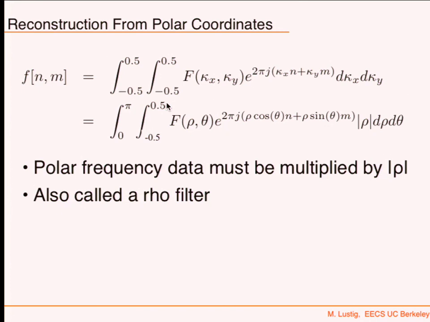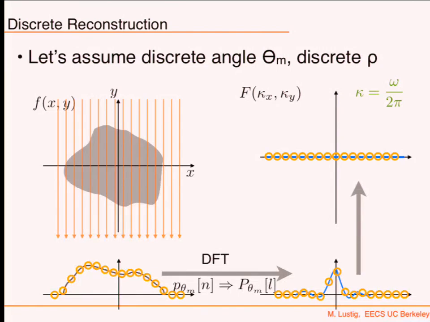Okay, so now I want to talk about what happens when we have discrete angles too. This is the more practical situation. So now let's assume that we have discrete angles, theta sub m. So now I have indices, right? m indicates what angle I'm going to be at.